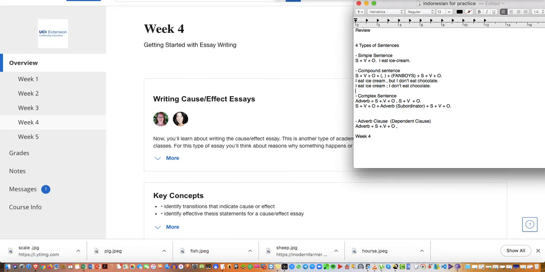Next is the complex sentence, which I didn't explain before. In a complex sentence, there are 2 ways to write it.